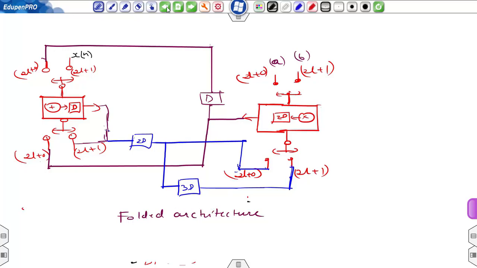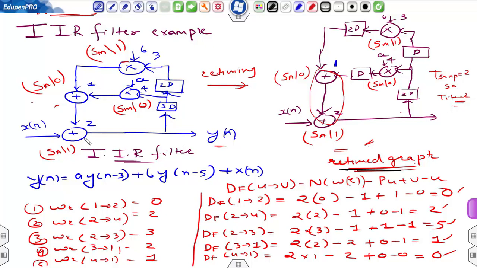So the output is taken from node number 2, and it is processing the result in the first cycle. So the result will be available in the next cycle, that is the 0th cycle. Okay, because it has just 2 cycles in the iteration.